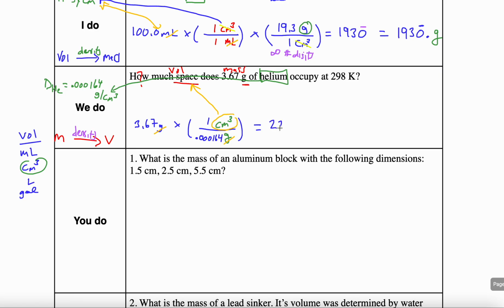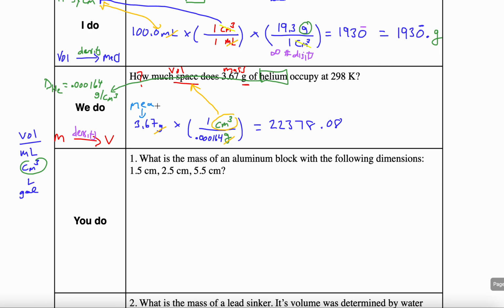It's 22,378.08, I think, something like that on the calculator. So I have to think through the process of, do I get to keep all these digits? Do I need more digits? Well, mass is a measurement that you make in the lab.